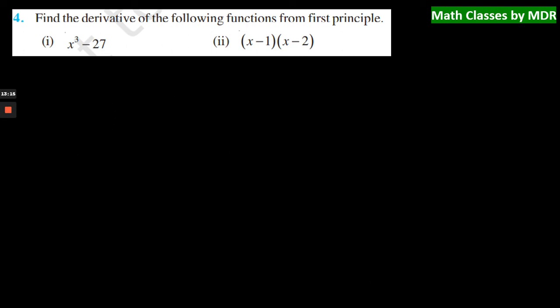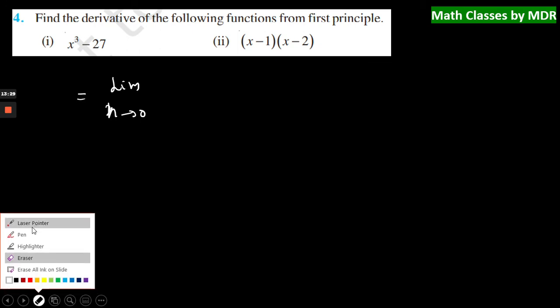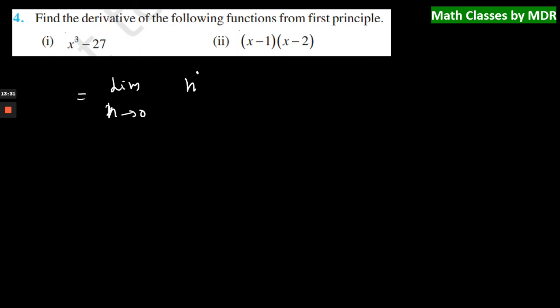So we are left with limit h tends to 0, h cube plus 3xh square plus 3x square h.